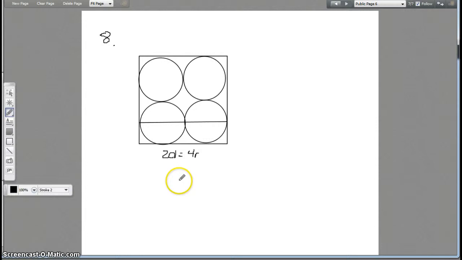Okay, so part A asks you to find the area of the square if the radius of each circle is 10. And we know that r is equal to 10. Well, we know that this side is 4r. The other side, it's a square, has to be 4r also.